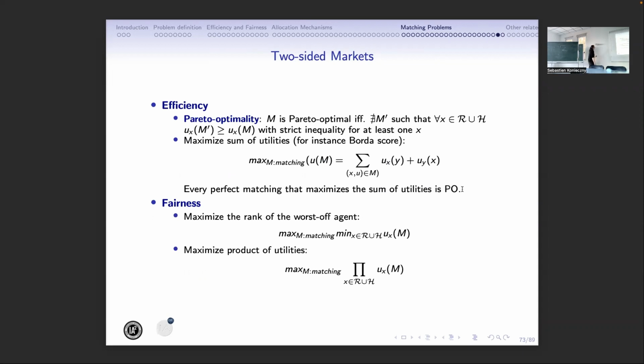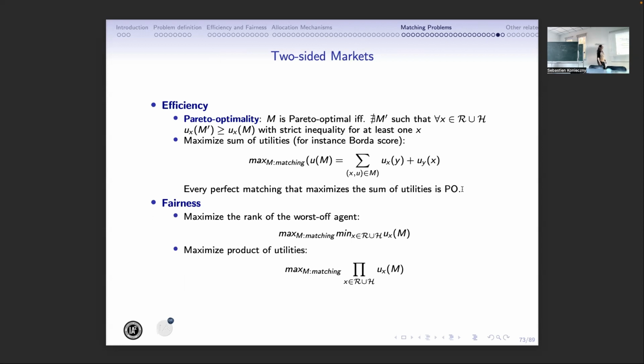So to conclude, I have presented the Gale-Shapley algorithm for two-sided markets. You can explore other kinds of fairness criteria, such as Pareto optimality, maximizing the sum of the utilities, as I presented in the one-sided market.